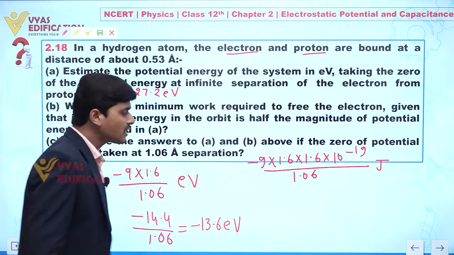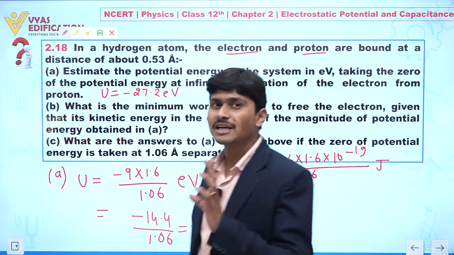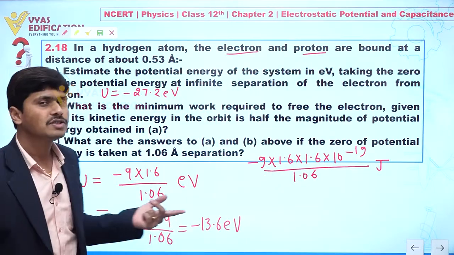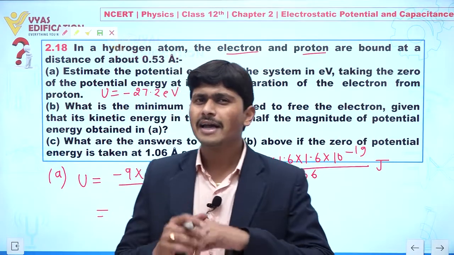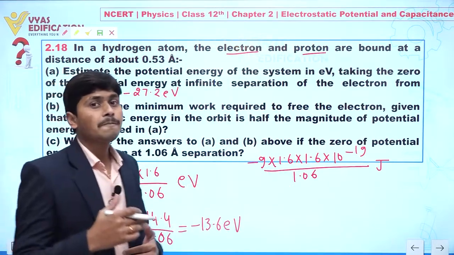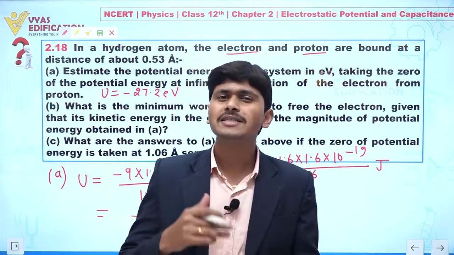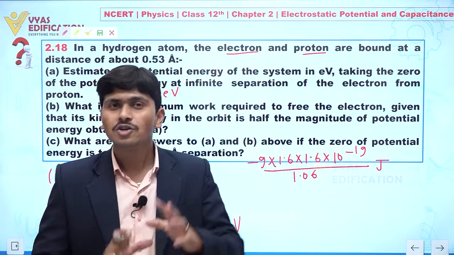Now we are getting potential energy of minus 13.6 electron volt only. In the last situation we got minus 27.2 electron volt. So what information are we getting? In the previous situation we provide 13.6 electron volt of energy to the system.